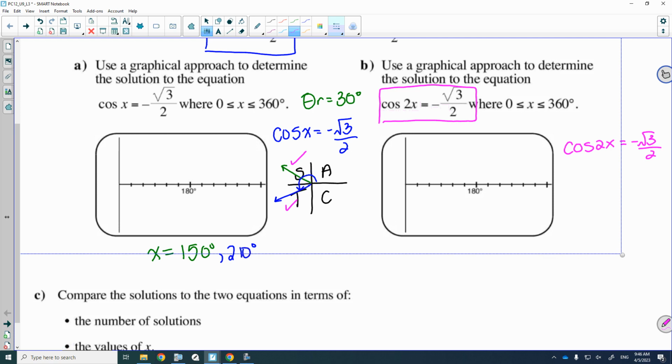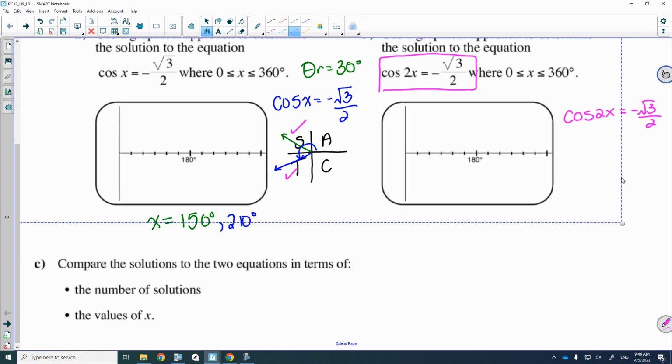So it's the exact same question, except the only change is I'm changing my argument from x to 2x. So this is a double angle. What we're going to do, remember I said if you're strong at graphing, you'll always be able to get the solutions. So first we're going to get the solutions by graphing this, and then I'm going to show you how you would algebraically solve this question.